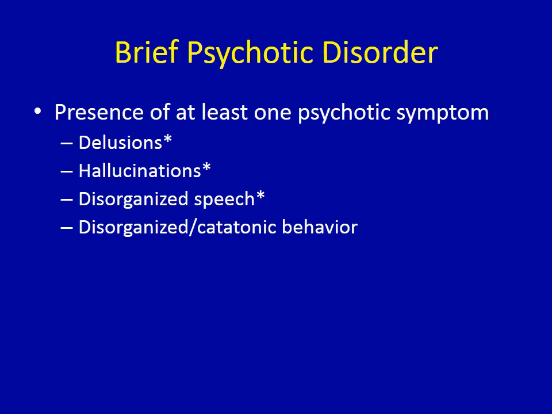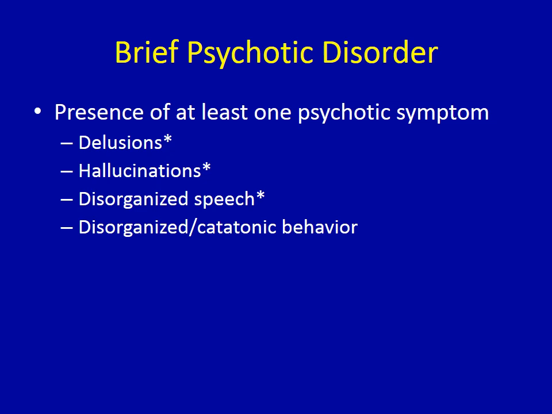As we continue to move down the schizophrenia spectrum, we have another disorder called brief psychotic disorder. As you might guess from the name, one of the primary differences between brief psychotic disorder and the last disorders we talked about is the duration of the symptoms. For a diagnosis of brief psychotic disorder, the symptoms are similar but slightly different than for schizophrenia.